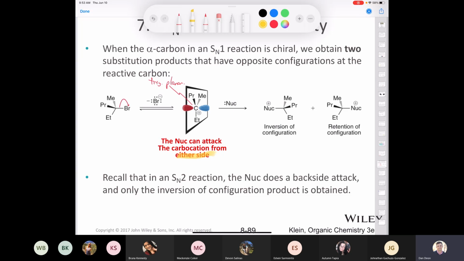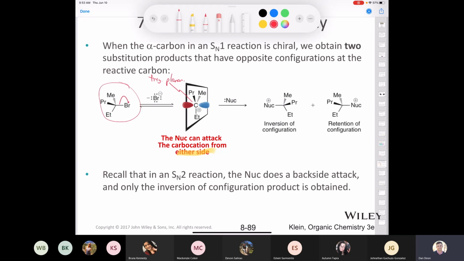What's crazy about this, if you're wondering what's the point, why do you explain this stuff to me? Think about it this way. Making a chiral compound in organic chemistry is tough. It takes a lot of time. Can you imagine if you spent months working to make a chiral compound like this, and then you throw it in a reaction without understanding what's going to happen?